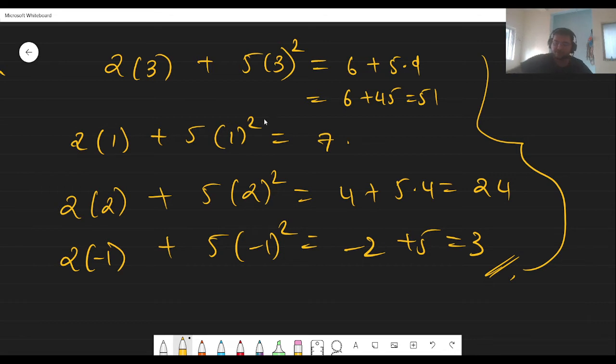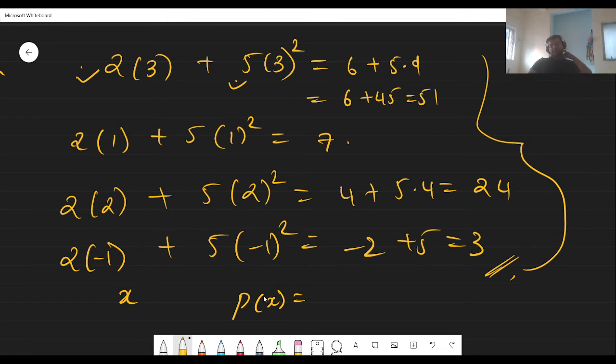What is the certain behavior? Every time, the number is multiplied by 2, then added to 5 times the number square. So if I denote the number by, let's say, x, I can write this expression as p of x, where p of x means polynomial of x.